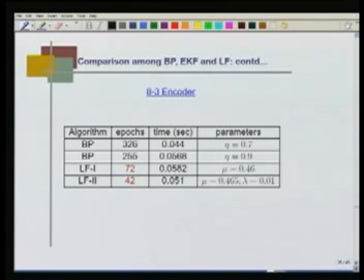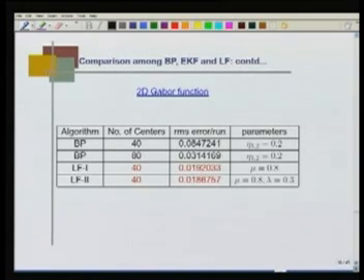For the 2D Gabor function, we took a multi-layer network with 80 hidden units, and we trained using the backpropagation network as well as LF1 and LF2 with only 40.